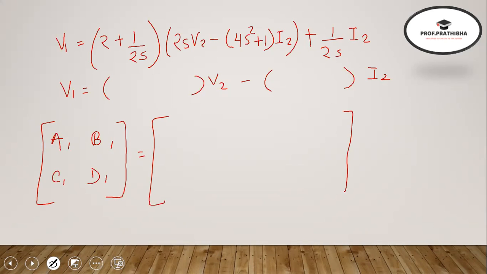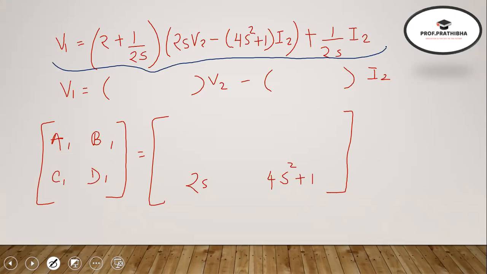So I have already got C and D. I'm just writing C and D, which I have already got. Please tell me what is A1 and B1 after solving it. Please solve this part. Ma'am, A1 is 4s plus 1.